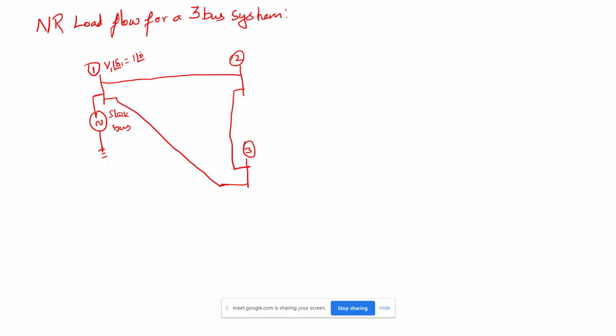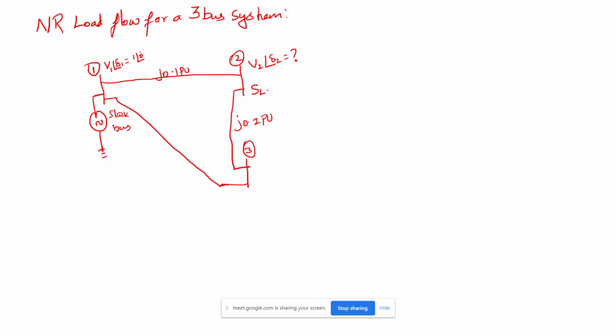The voltage value is 1 and angle is 0 degree for slack bus, and the impedances are given as J 0.1 per unit, and here J 0.2 per unit, and here the V2 and del 2 values are not given. We need to find out this voltage here.